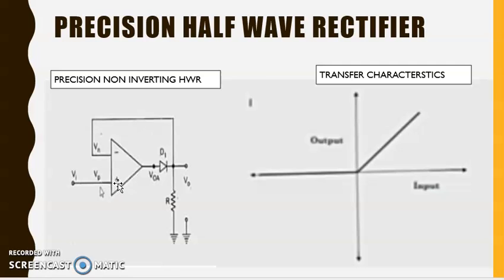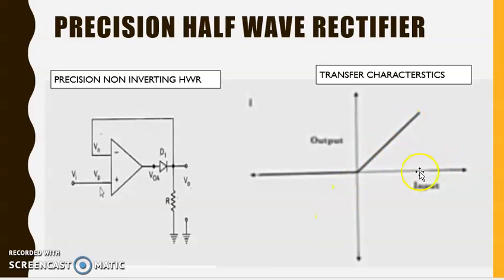This figure shows the non-inverting half wave rectifier, where the diode is connected in the feedback path. The signal is applied at the non-inverting input, and when the positive half cycle runs, the diode conducts. As the diode conducts, we get the transfer characteristics increasing.